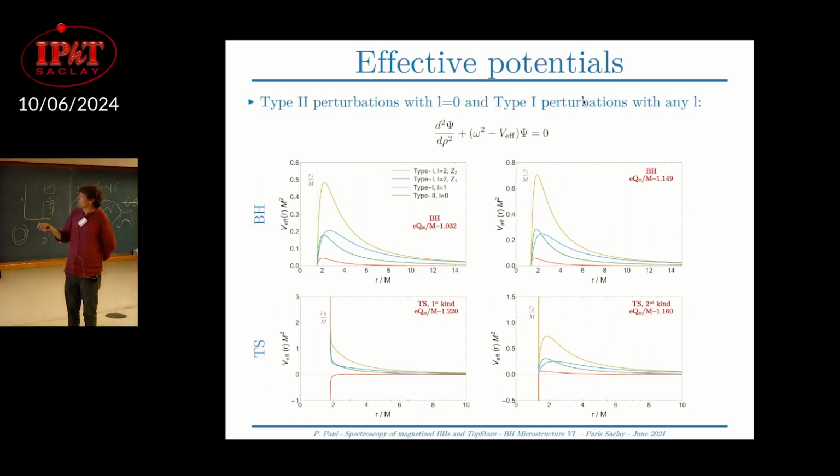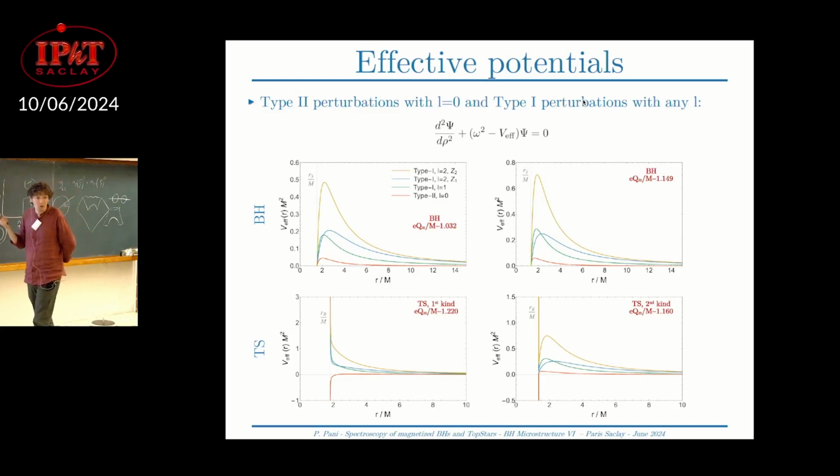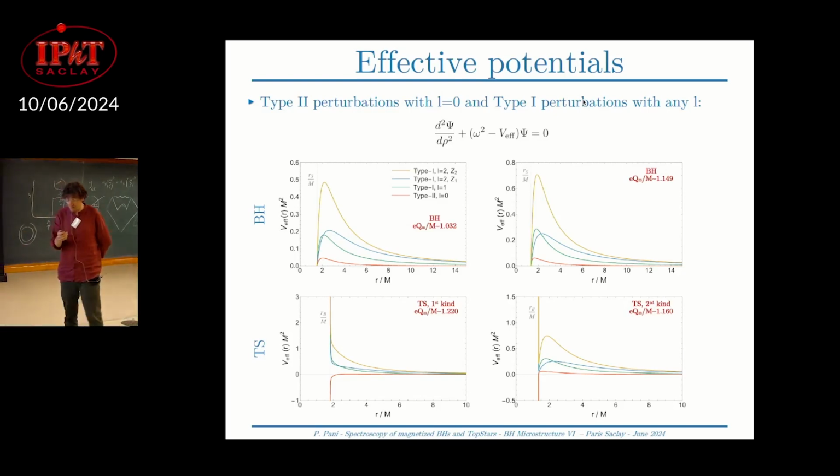For topological stars of the second kind, instead, because of the unstable photon sphere that I was mentioning before, you still get this divergence at r equal to r_B, and then there is a maximum here. So immediately you see that there is a cavity here that can support trapped modes and long-lived modes, and in fact this is what we will see.